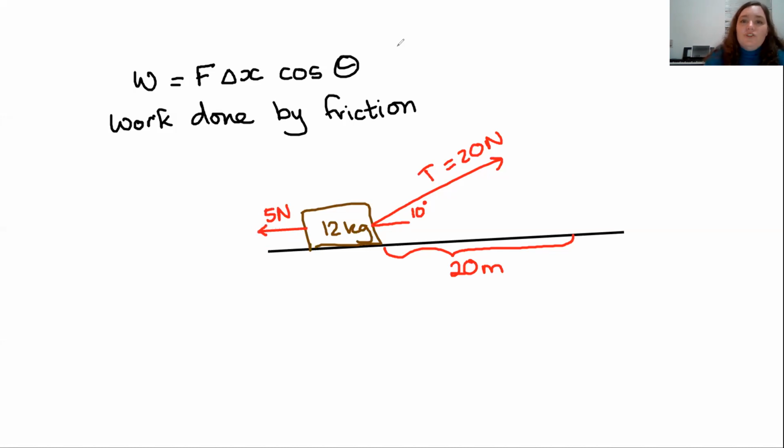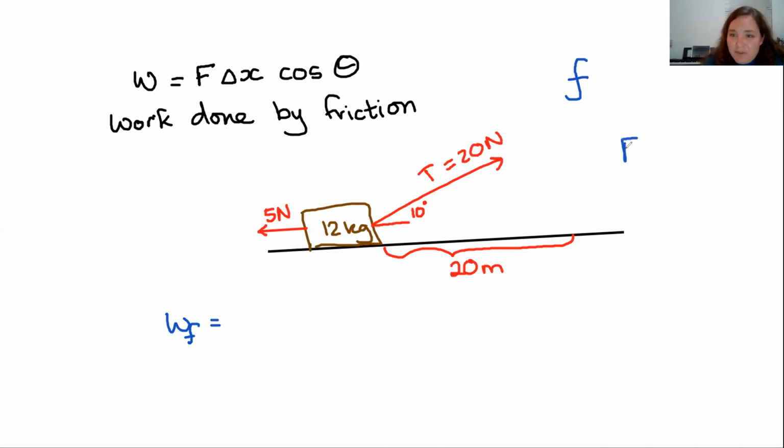All right. So if I plug everything into this formula, I'm going to use W is equal to. Now, I personally like to remind myself what I'm doing, so I say work done by friction. Just in case you don't know, friction is represented by a lowercase curly f.